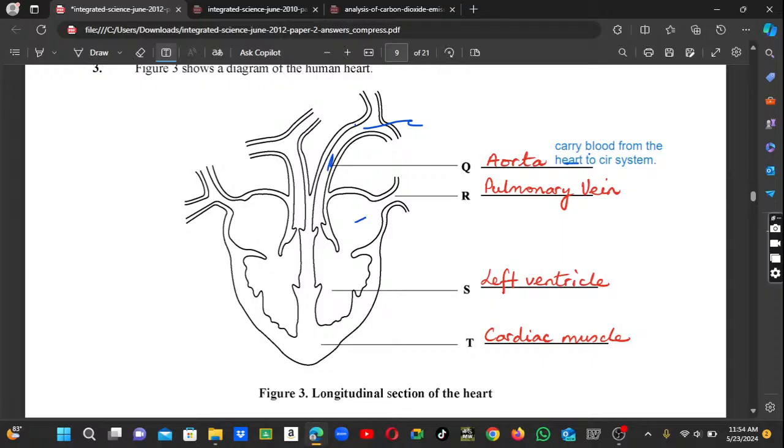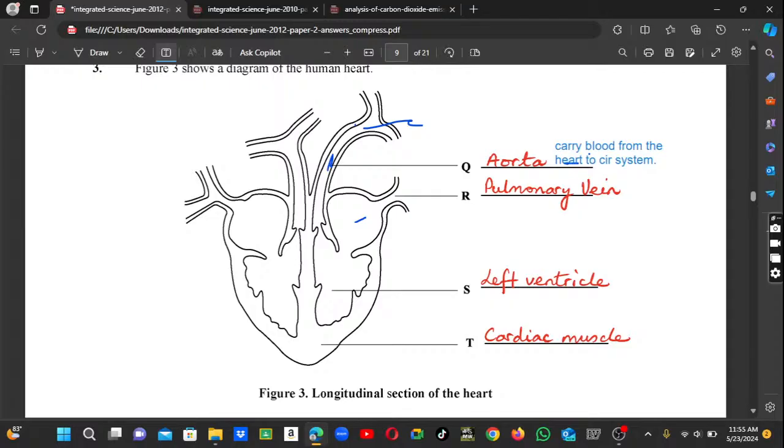All right, so the cardiac muscle now, what does the cardiac muscle do? The cardiac muscle is responsible for contraction. So we're talking about the contractility of the heart, the pumping, how the heart pumps the blood. The cardiac muscle must contract with enough force, and when it does, there is enough blood supply to meet the metabolic demand of your entire body.